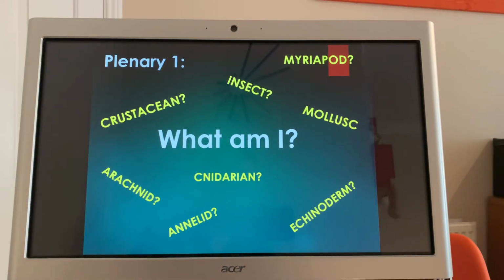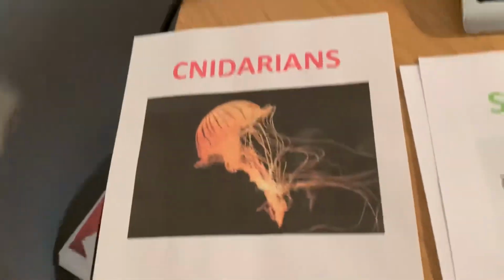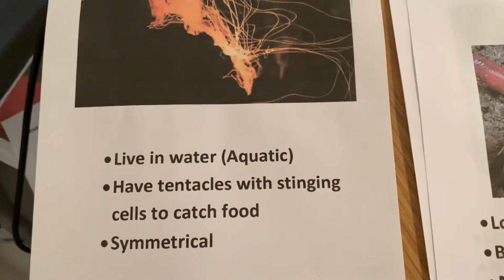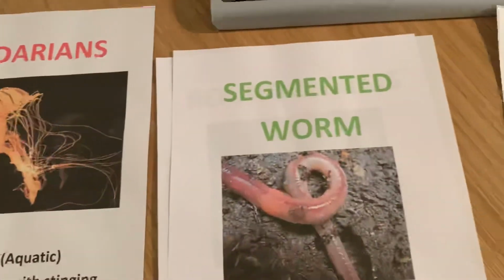So, just to finish today, I know that was a lot to take in. I'm just going to show you a couple of animals, and can you work out what they are? Just to help, I have our key facts laid out here. So a cnidarian lives in water, has tentacles with stinging cells to catch food, symmetrical.